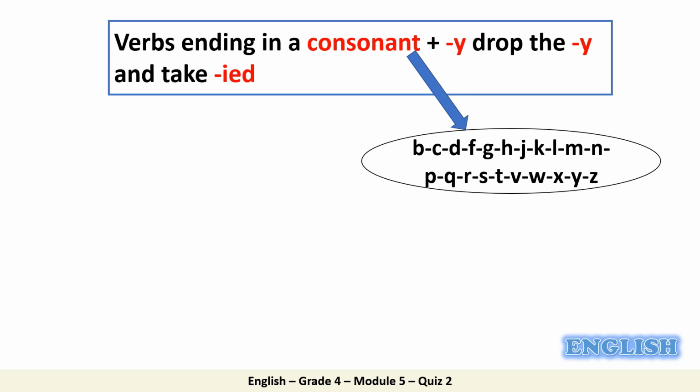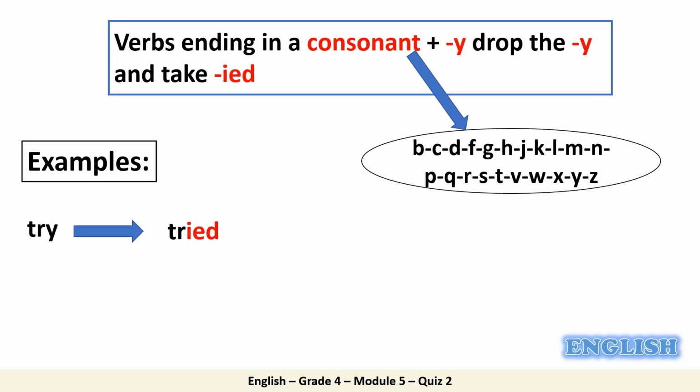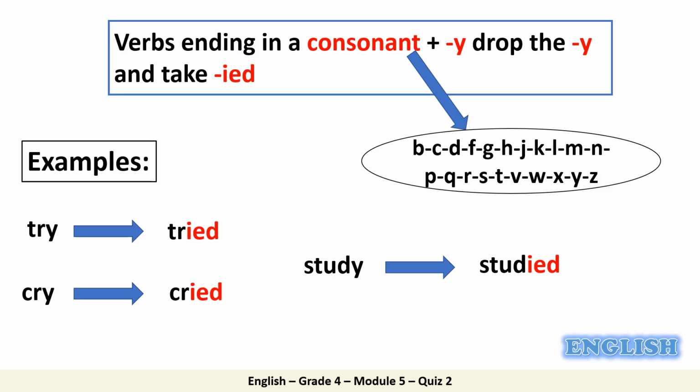B, C, D, F, G, H, J, K, L, M, N, P, Q, R, S, T, V, W, X, Y, and Z. Let's have some examples. Try, tried. Cry, cried. Study, studied.